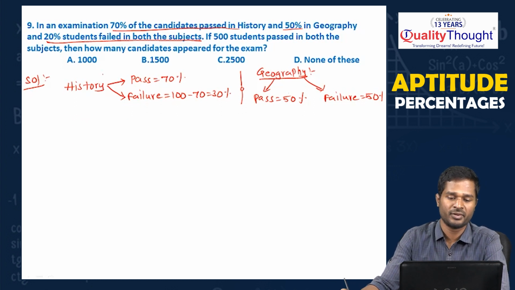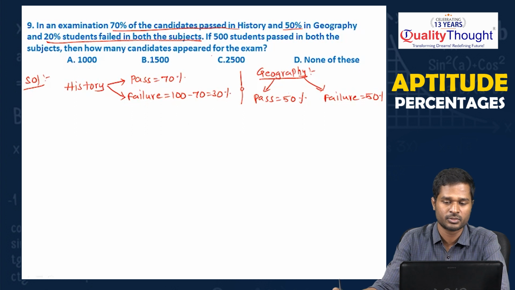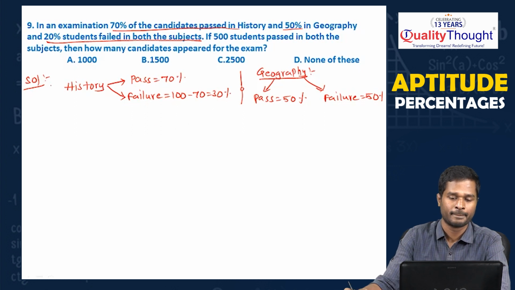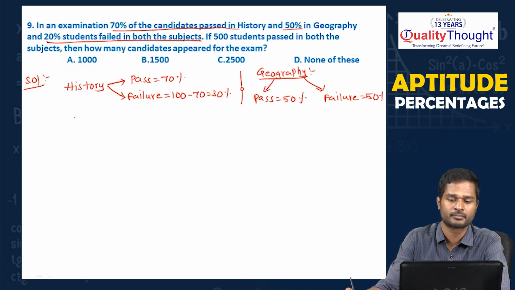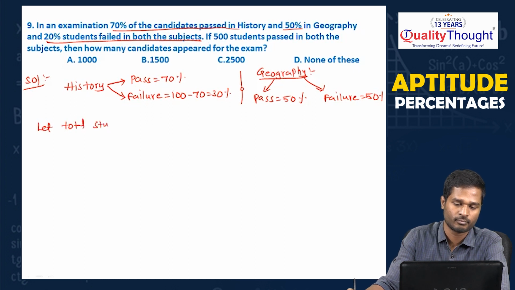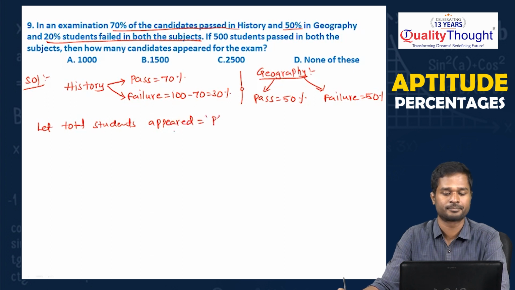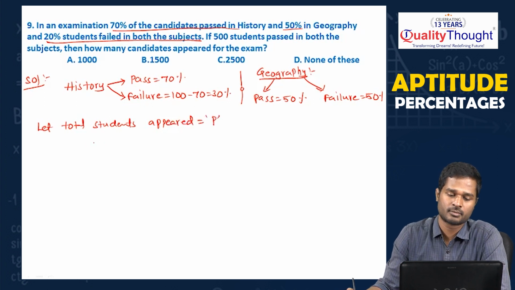The failure percentage in both the subjects combined will be 20%. Now, let the total number of students, or total candidates appeared for the exam, be P. Let us keep this aside.